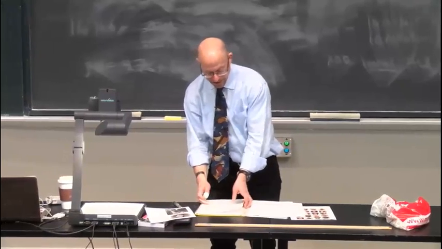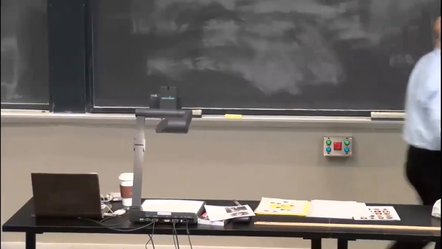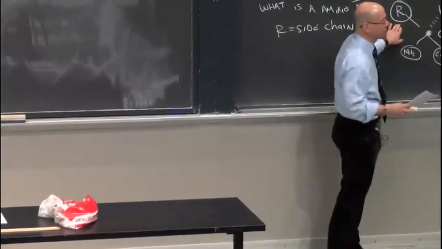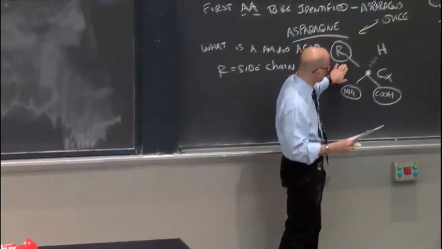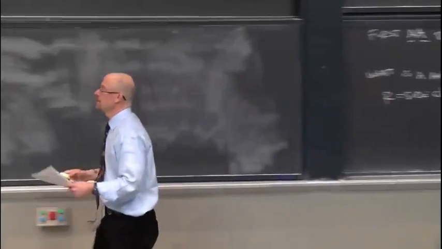Let's talk a little bit about stereochemistry. Now, you've all noticed, I'm sure, that this alpha carbon is chiral, depending on the R group, with the exception of one amino acid. This alpha carbon is chiral, and as a result, we can have two isomers.